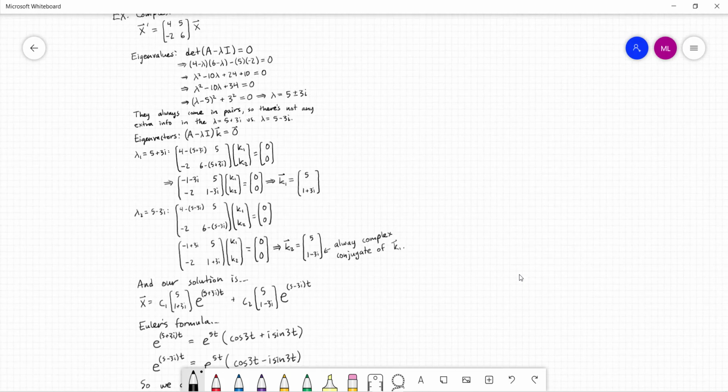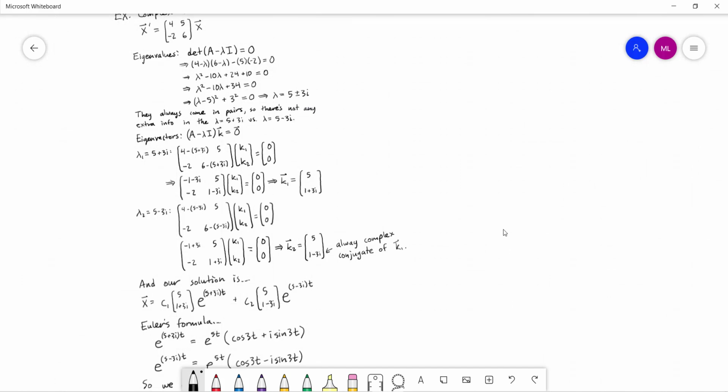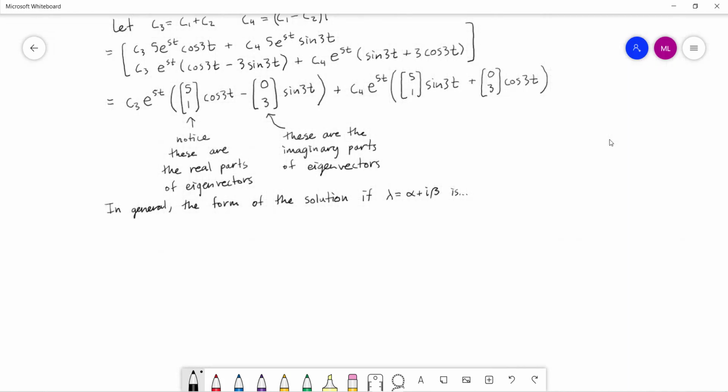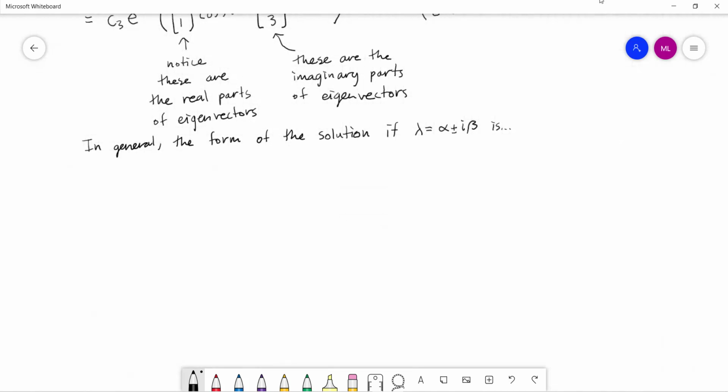Yes, there it is, 5 plus or minus 3i. So in our case, alpha plus or minus i beta. We're going to get the two solutions to be the following. x1 is going to be the following.